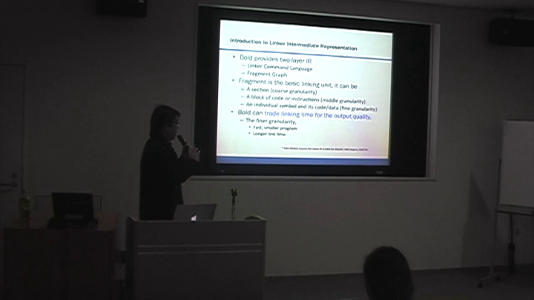If we want better output quality, we can use a finer granularity, which may need more link time to apply the optimization, but we get better output quality. But if this linker is used on a mobile device, then we must be concerned about fast linking, so we use a coarse-grain linking unit to get a faster link time.